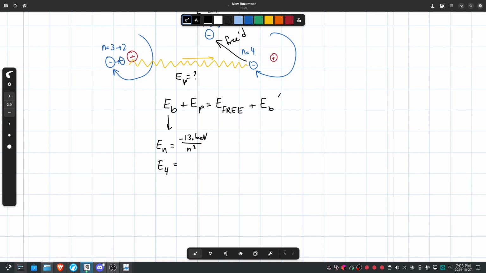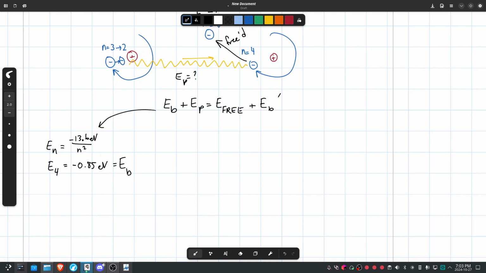So write that out: negative 13.6 divided by 4 squared. We get negative 0.85 eV. So our starting energy is negative 0.85 eV. Let me just put that off to the side here. So this is kind of like a collision calculation. It's a conservation of energy calculation.